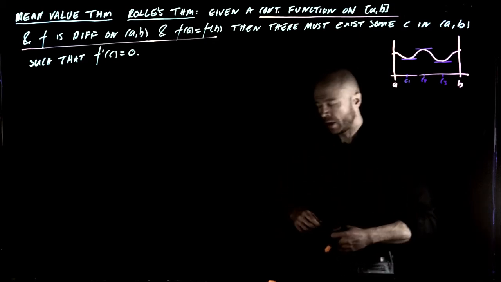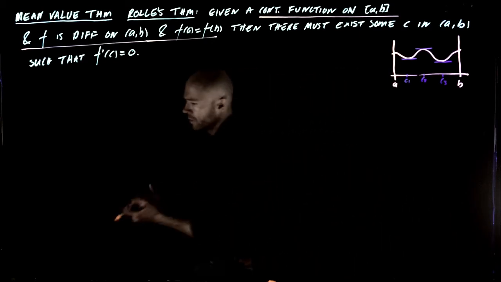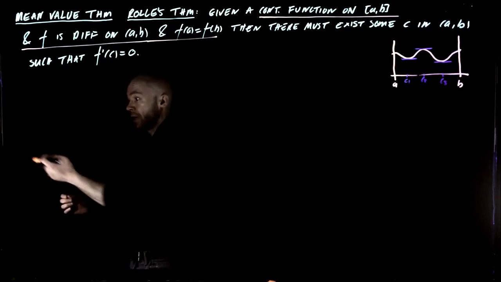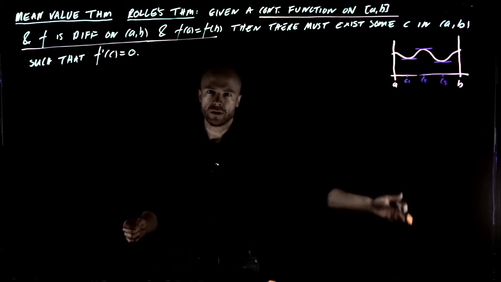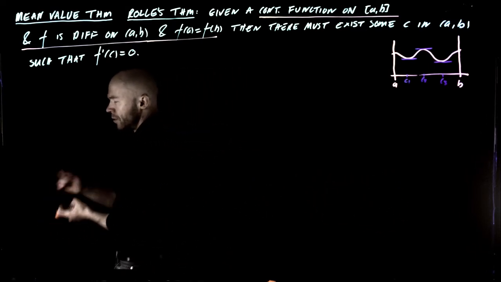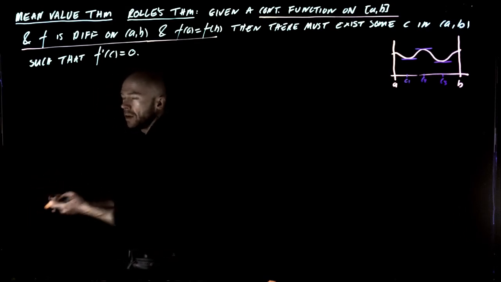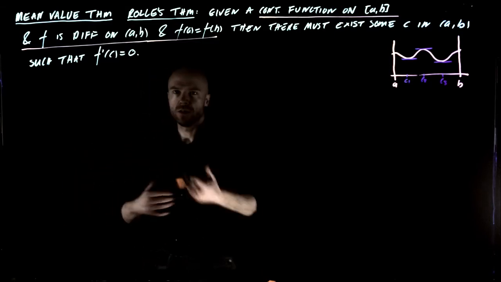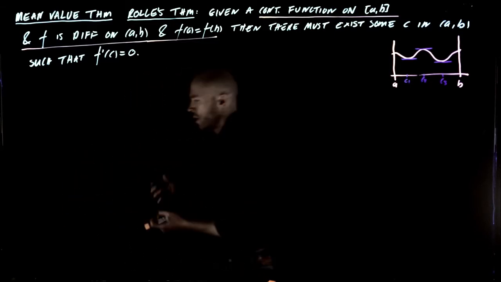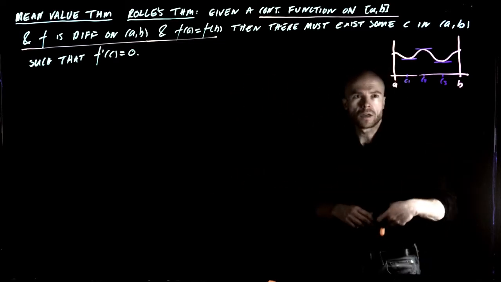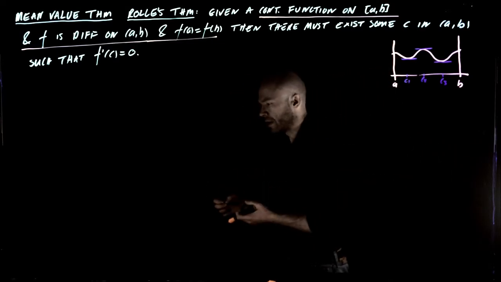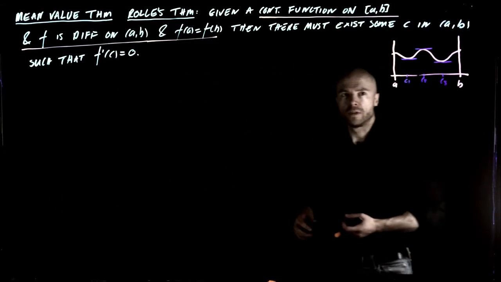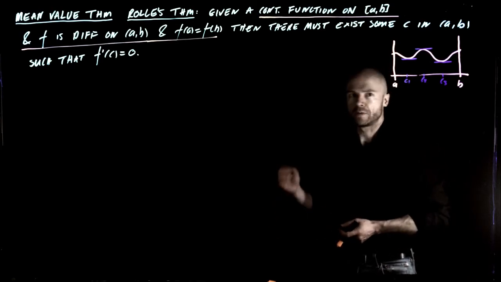So here I am at f of a, and if I keep moving forward, and my velocity is always positive, then I'm never going to be able to get back to where I started at time b. So at some point, I have to slow down and stop and start going backwards. So when I stop, I have velocity 0, which is f prime of c equals 0. So here I'm stopped, here's a point, and then I go backwards, and then at time b, I'm exactly where I started, or maybe I go backwards, and then I go forwards again, and then I stop again, and I go backwards again, and then there's a couple of points, actually 3 points, where I stop and have 0 velocity.